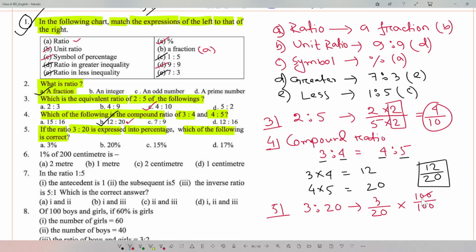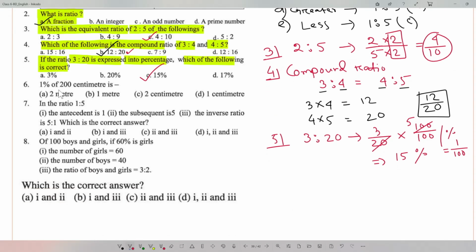Okay, 100 divided by 20 is 5. 5 times 3 is 15, and look, here is 1/100, so it should be a percentage. We know percentage means 1/100, so our answer is 15%. So this is number C.